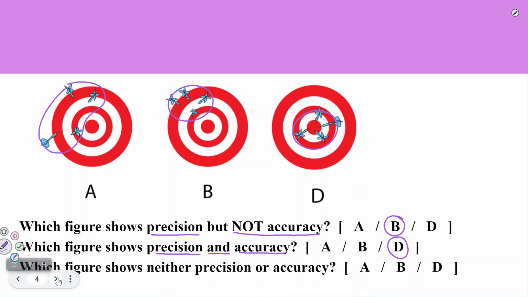See how these are all over the place? This is kind of maybe what it would look like if I played darts. So this is going to be letter A, which is not accurate nor precise. If you need to take some time to discuss, you can pause the video here and then we'll move on to an example problem.